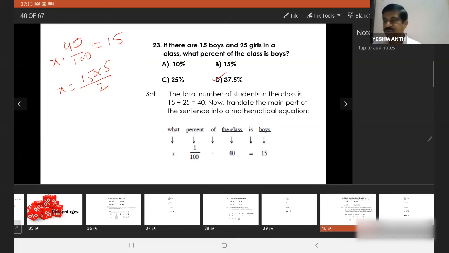So from here you should find out X. You can understand this mathematical language of the question being asked, that is finished. You are finishing the solution. Okay. What means X. Percentage means by 100. Of multiplication. Class 40. Is means equal to. Boys 15. Like that.